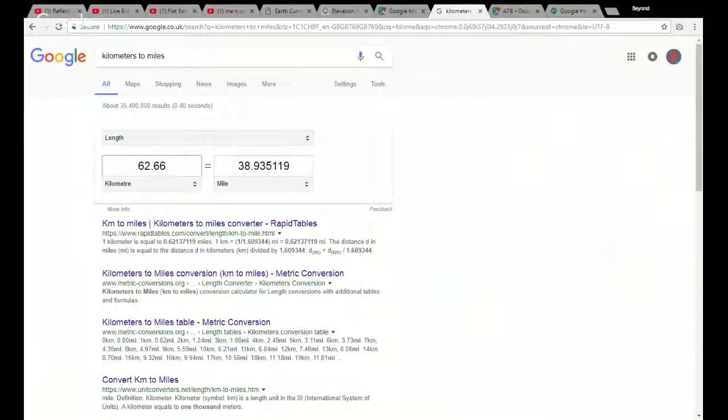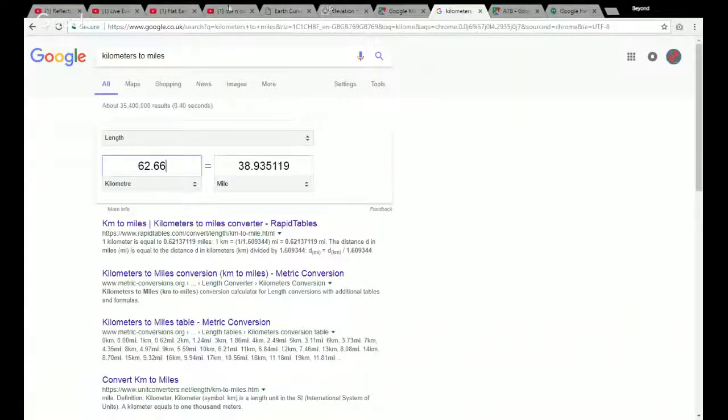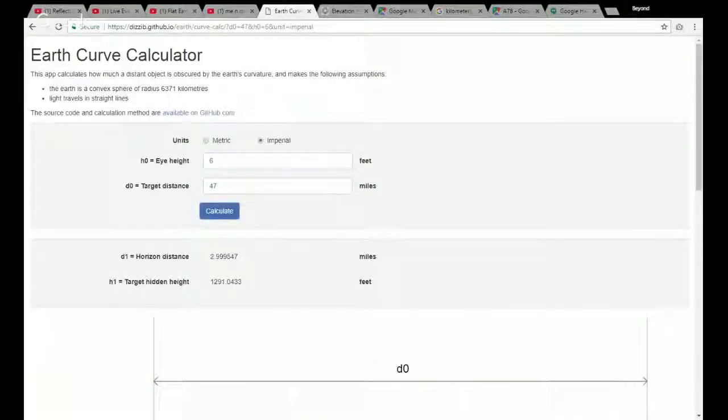So 38.9 miles. Right. Earth calculator. 38.9, 6 feet. Calculate: 859 feet. Okay. So that is for observation 1.